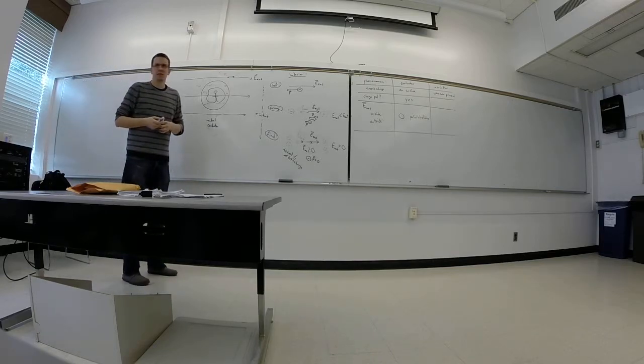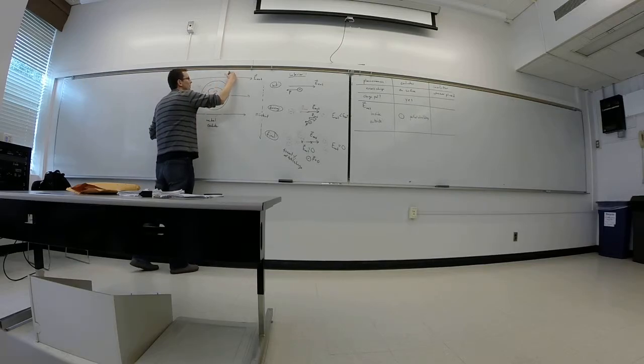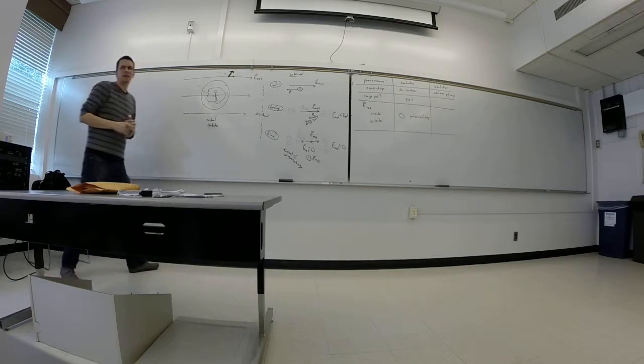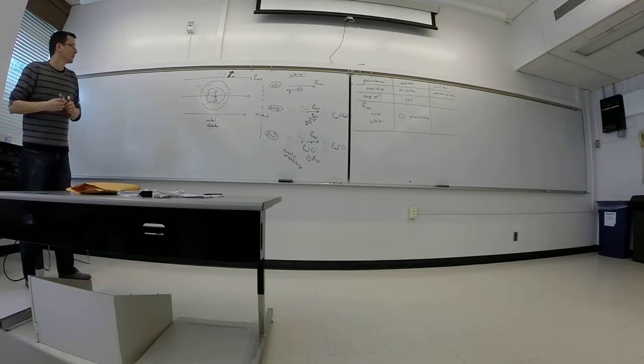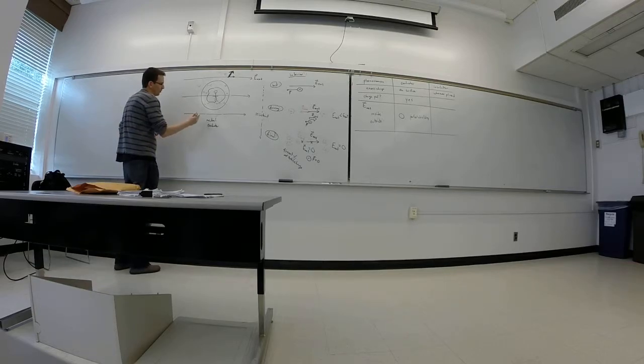Well, if I had to eyeball it, the vector addition maybe looks something like this. That might be E net, just a guess. Let me do another point, I guess. How about right here?